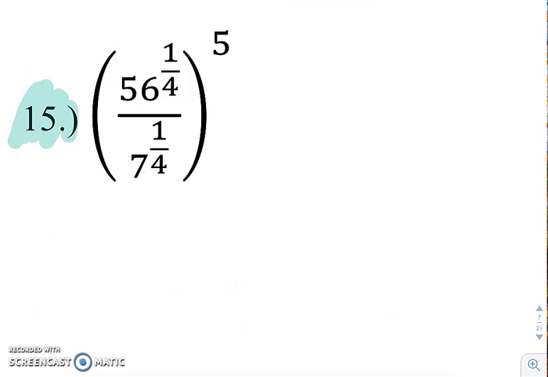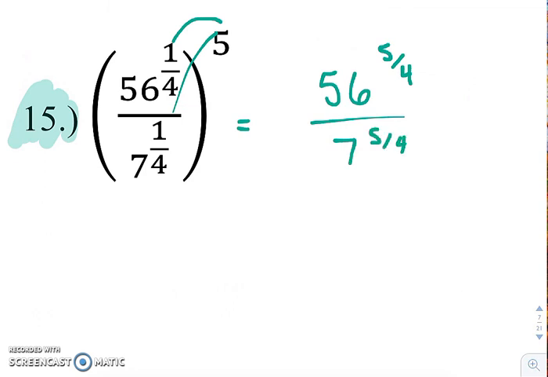I still think that I'm going to distribute that 5 in there and make this 56 to the 5/4 power over 7 to the 5/4 power.